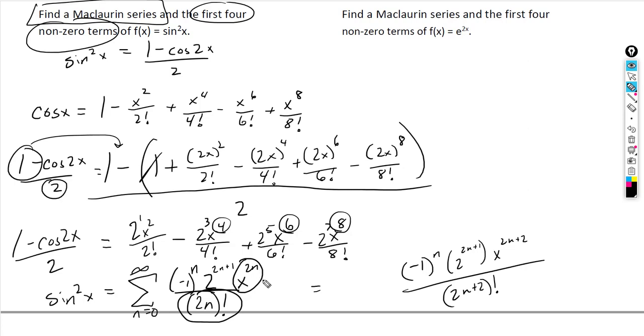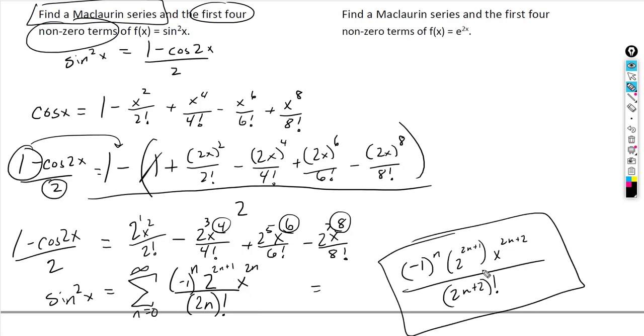So we have to really reevaluate those numbers. And I did that over here. Okay, I spent a lot of time figuring this out just to make sure it was right, and this is what's going to happen. So this and this are going to stay the same, but the exponent here is what's going to be different. So the 2n plus 2 and the 2n plus 2, that's going to be my denominator. Those are going to have to be the same.